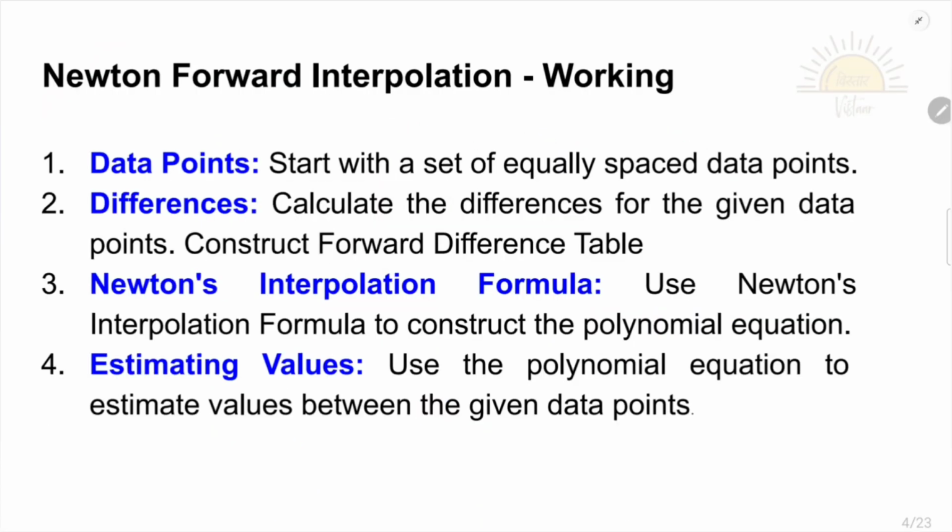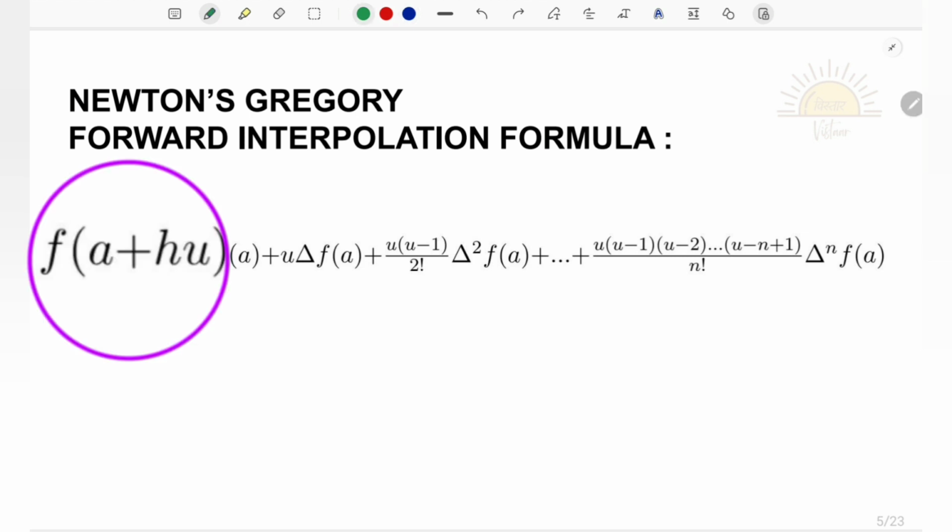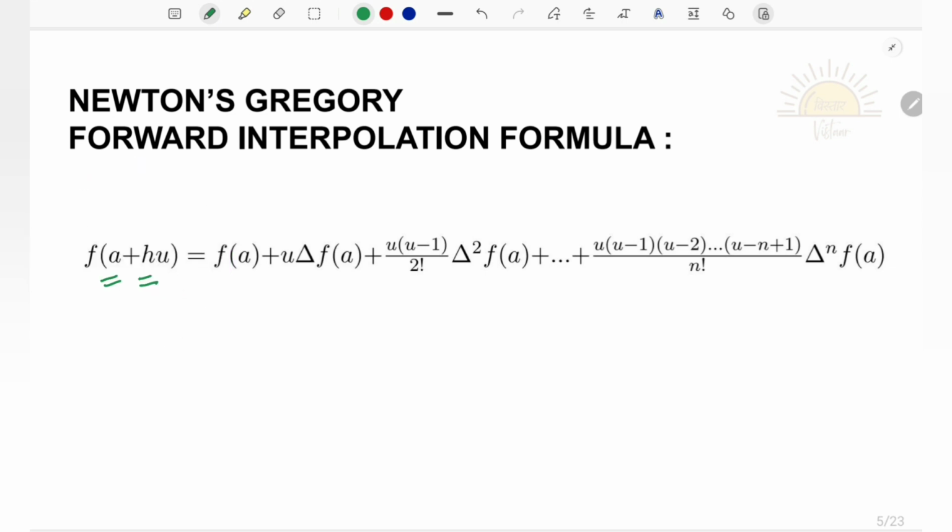Next, we use the Newton's interpolation formula to construct the polynomial equation. This formula takes into account the differences between the data points which we have calculated in the previous step. Here a is the base value or the first term. h is the equidistant value between two consecutive points. h is also known as the interval of difference.